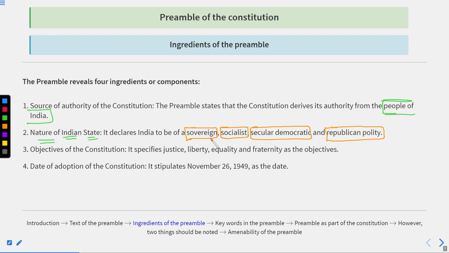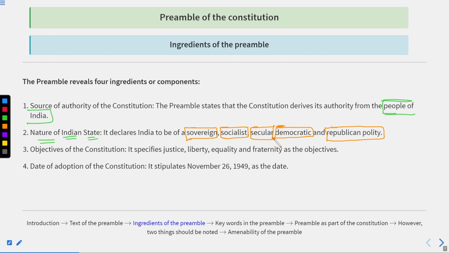Secular democratic, it means that basically there are two things: secular and then democratic. Secular means the Indian government is not going to privilege any particular religion.